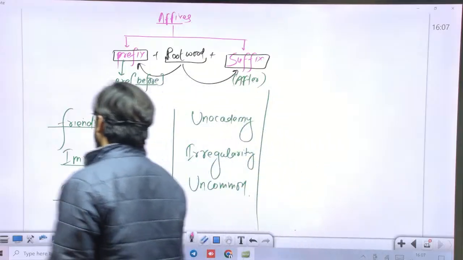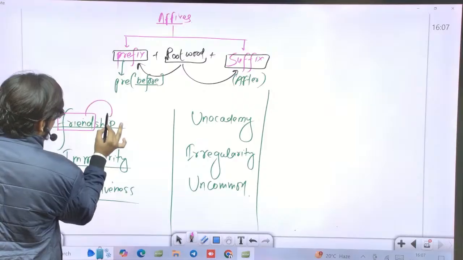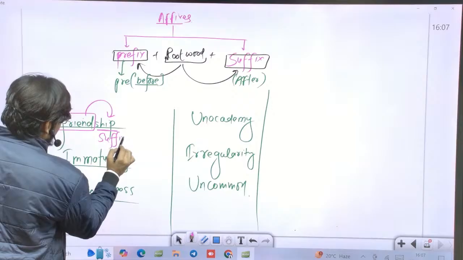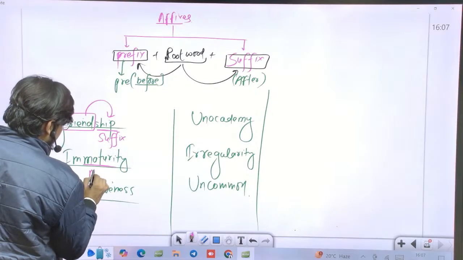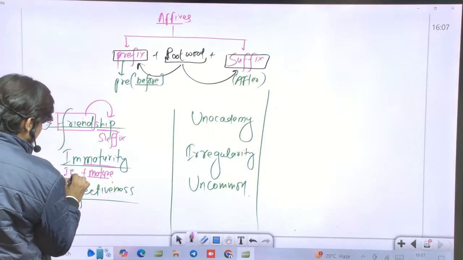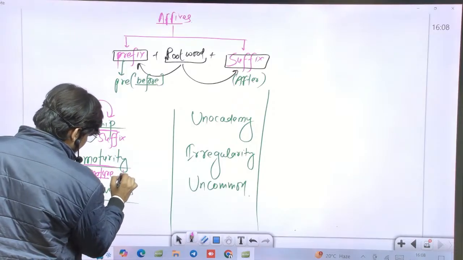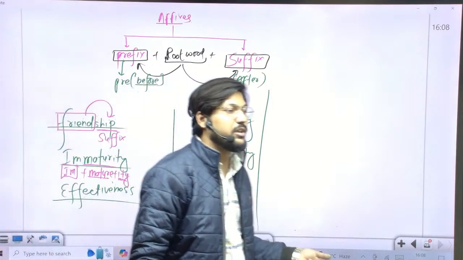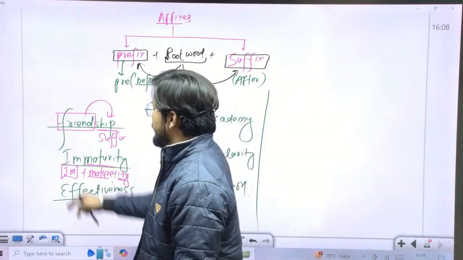First is your friendship. As we can see, friend is your root word and we have used ship over here, which is your suffix. Immaturity: the word mature is hidden over here, which is connected with im and ity. Ity is also known as a suffix. Im is your prefix.